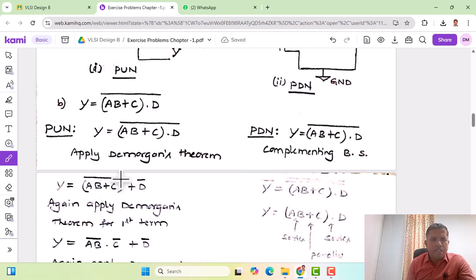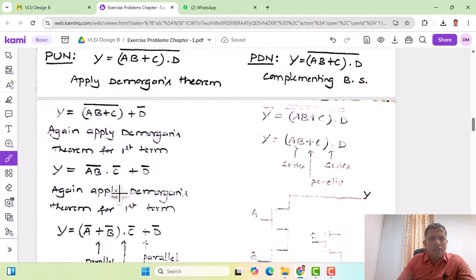Now the second term, D, is already in complement form, whereas in the first term there is a sum term, so the individual variables are not in complement form. So we need to apply De Morgan theorem once again. Applying it to the first term, we get AB whole bar dot C bar plus D bar, kept as it is.